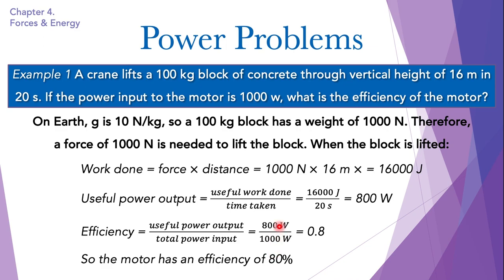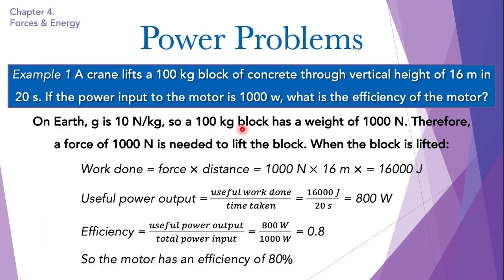So when we divide both the values together, we get 0.8. Of course, we have to multiply this by 100 afterwards. 0.8 multiplied by 100 and we get 80%. So the motor has an efficiency of 80%. So this is how we use different equations in a specific question to find out the answer.